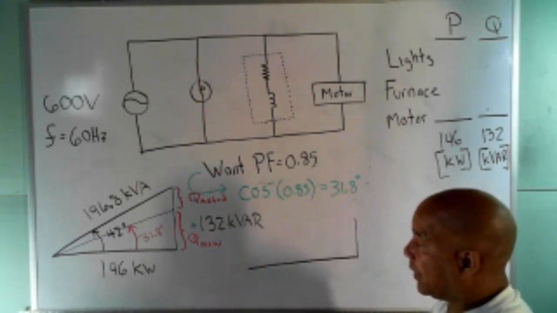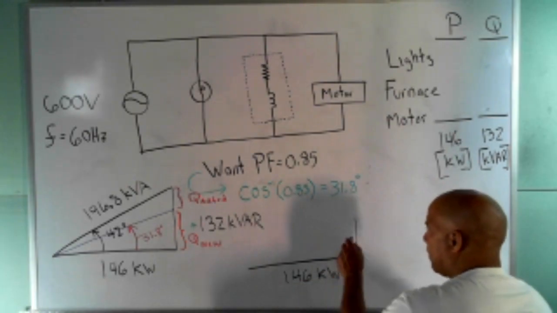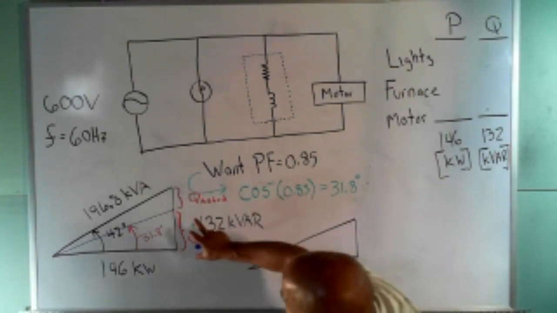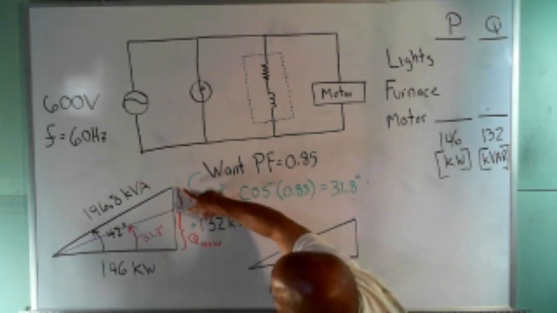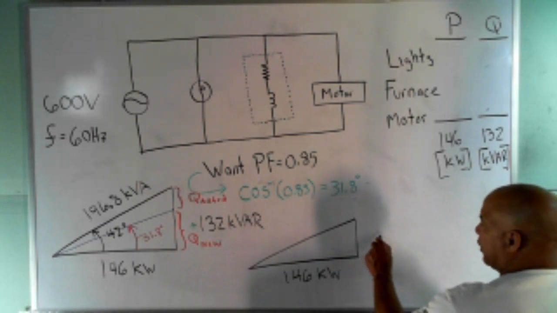Now notice we're not changing that leg. The resistive leg is still 146. This side right here, that's what we want. We want to add some negative VARs to push that side down so that right here, this is what I'm calling Q new.